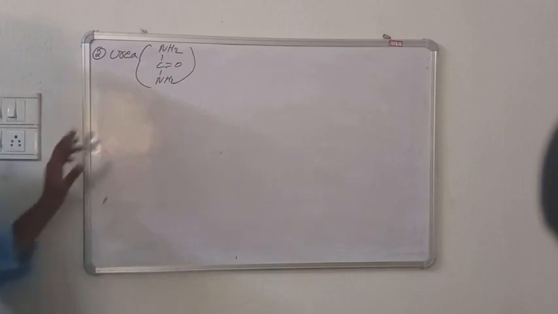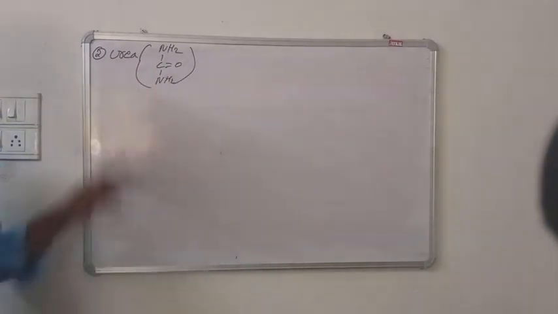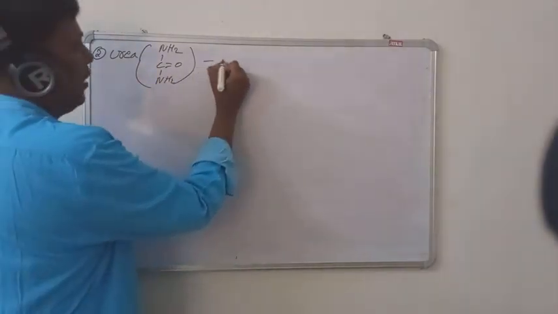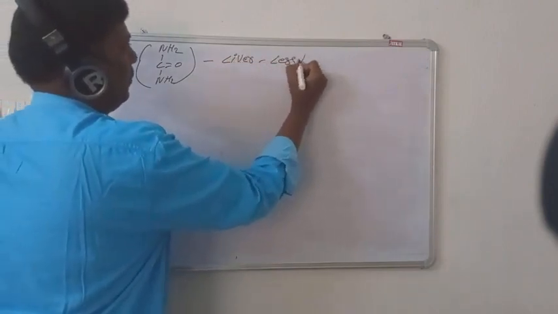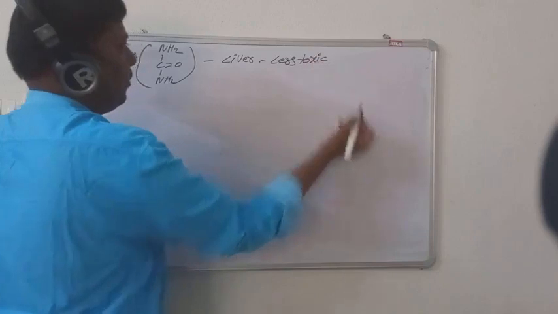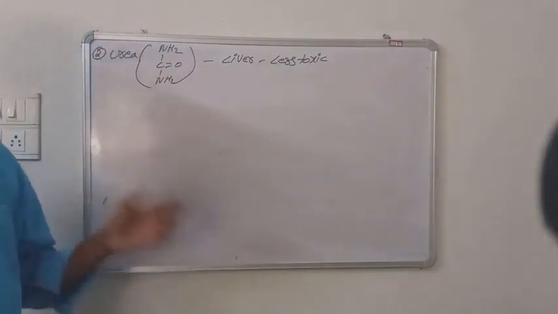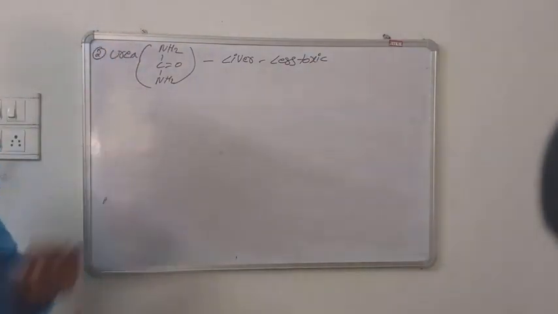So what is the structure of the urea? NH2 CO NH2. Urea is also produced in the liver. It is less toxic when compared with ammonia. Generally, human beings prefer to excrete the urea.